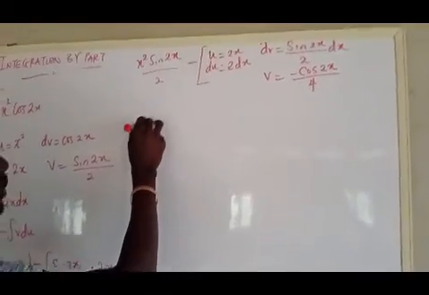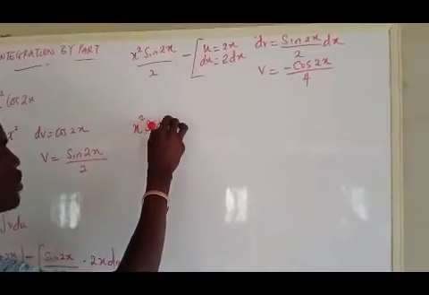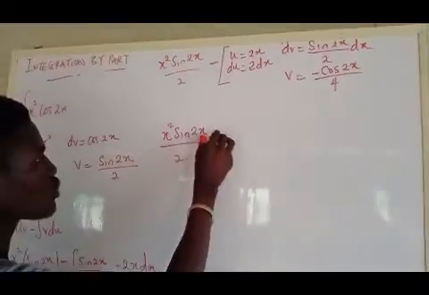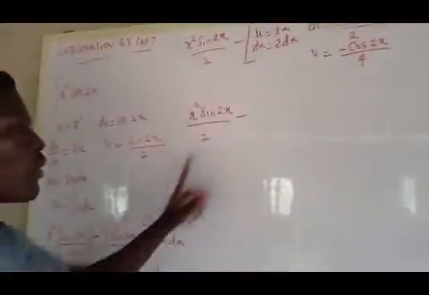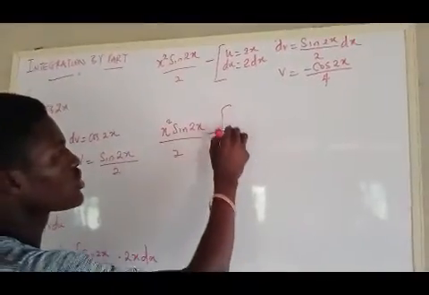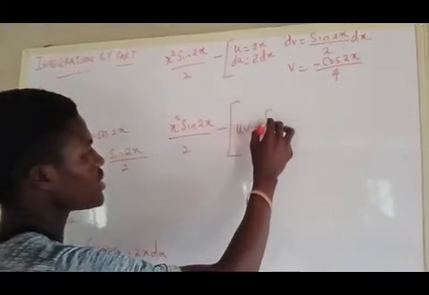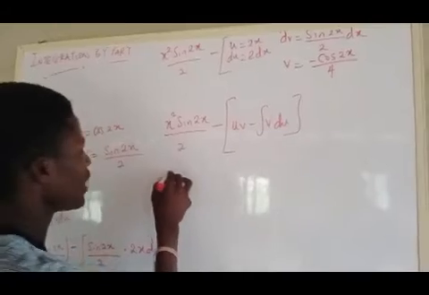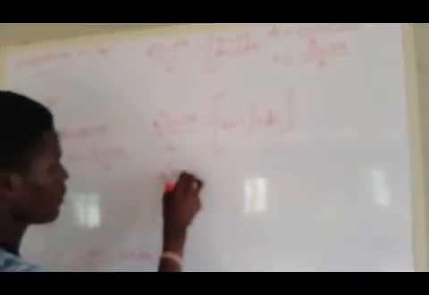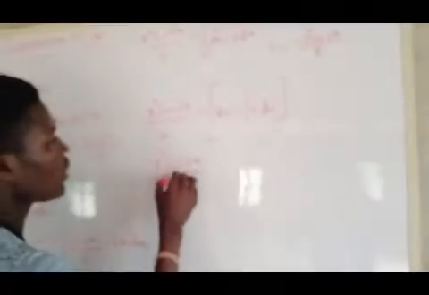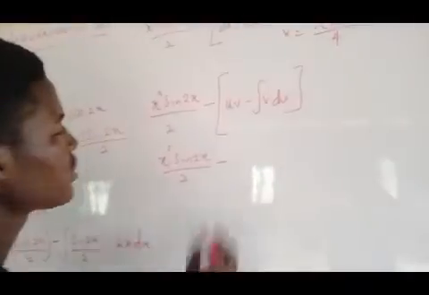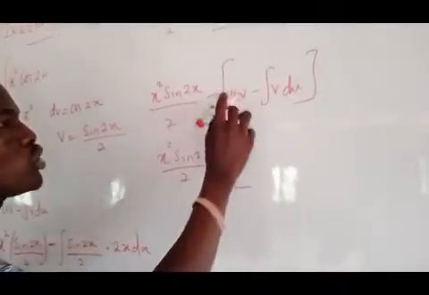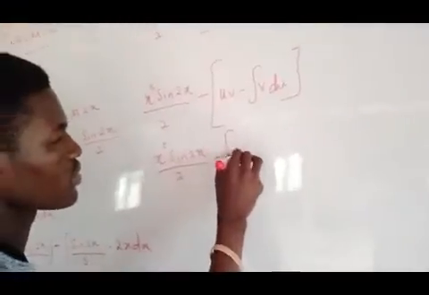So we have x squared sine 2x all over 2 minus, now our formula again, which is what? uv minus integral v du. So that will be x squared sine 2x all over 2 minus, what's your u? 2x.